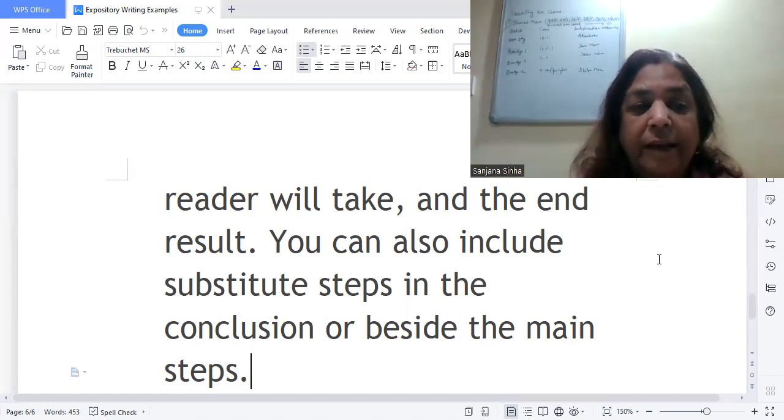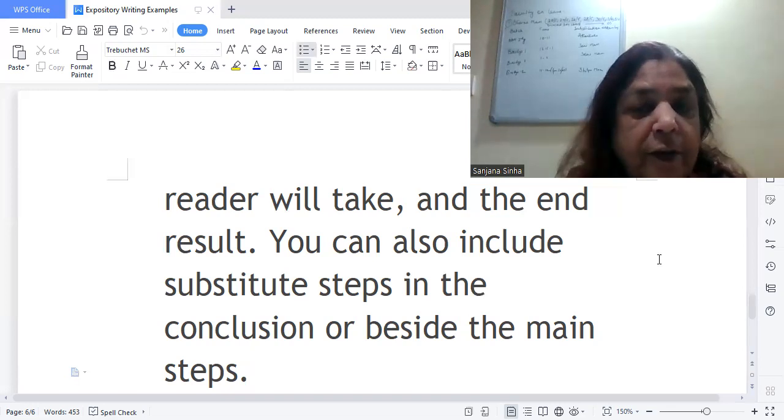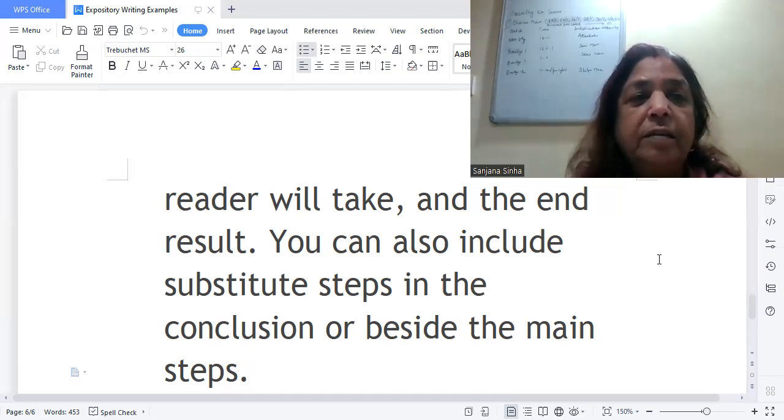Learn and experience your knowledge, share your knowledge, and see how things work out. So these were the writing styles, recapping: the cause and effect, the compare and contrast, the definition and classification, and then the how-to manual, and not forgetting the problem solving.